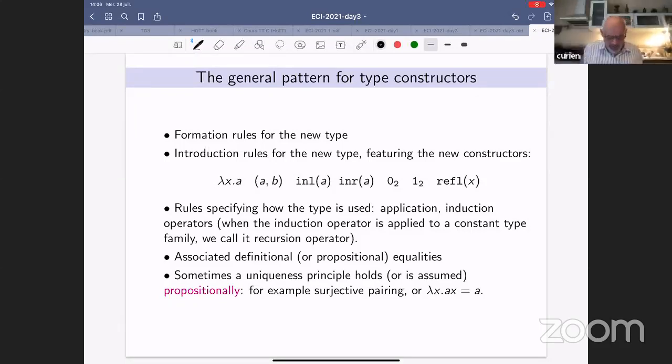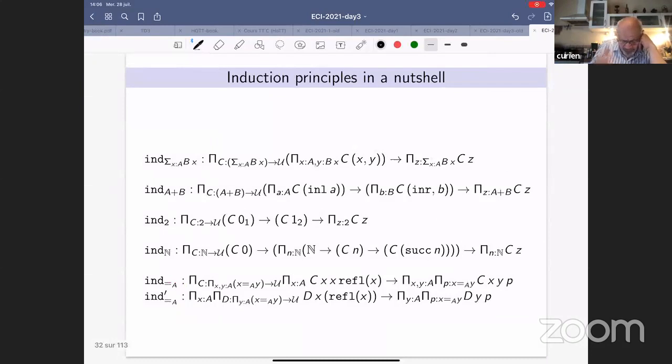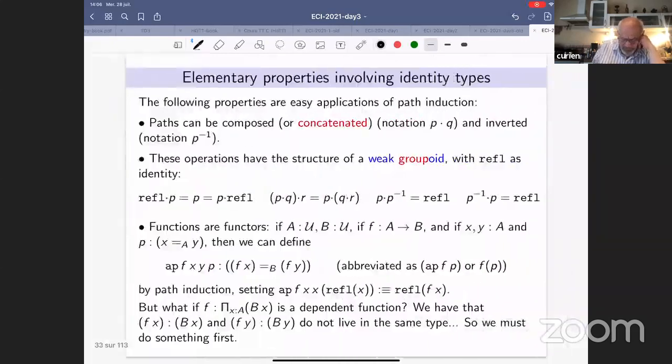Okay, so great. So this is the third day of these lectures. And I will first summarize rapidly what we have done yesterday and start today's lecture proper. So we reviewed induction principles for various types.